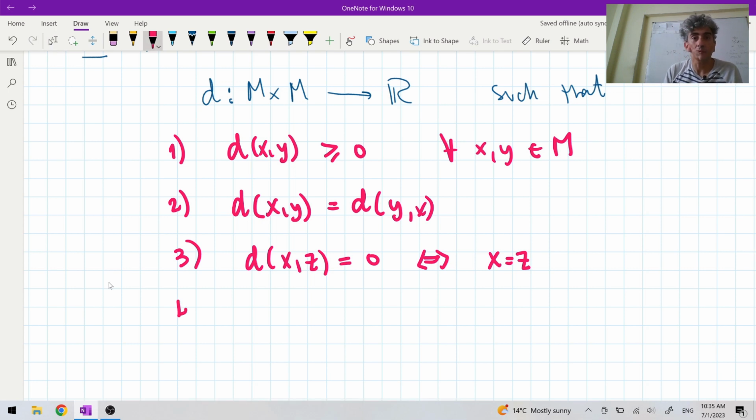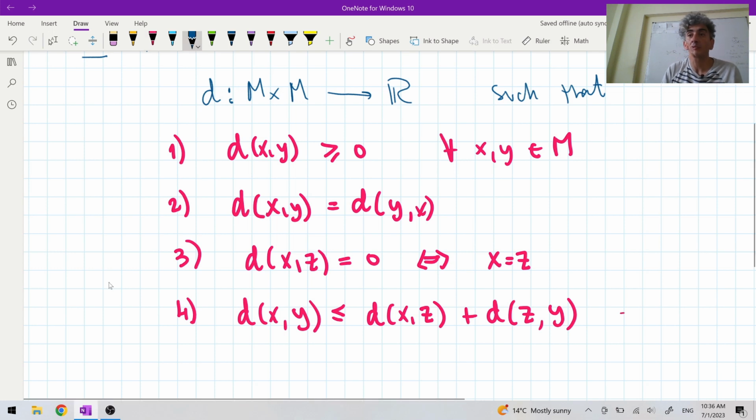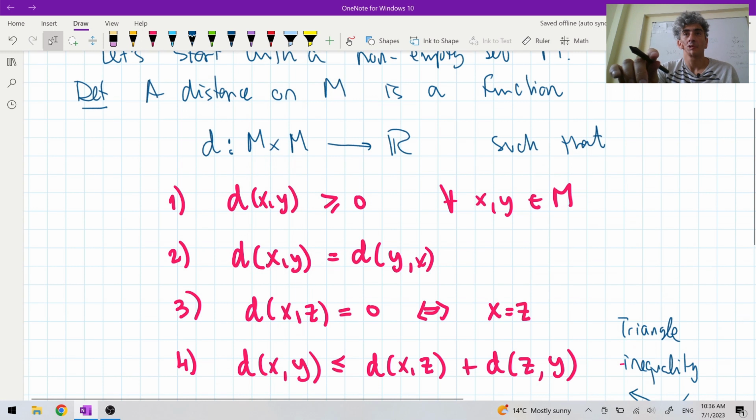And fourth, which is the triangle inequality, the distance between x and y is bounded above by the distance of x and z plus the distance of z and y. This is what we call the triangle inequality. So whenever we find a function on a non-empty set M that satisfies these requirements, we call it a distance.